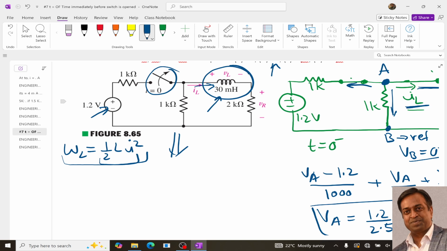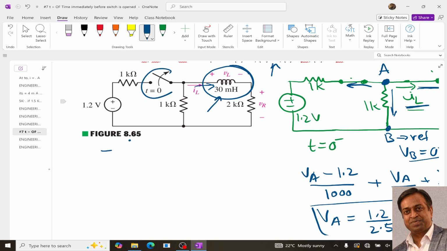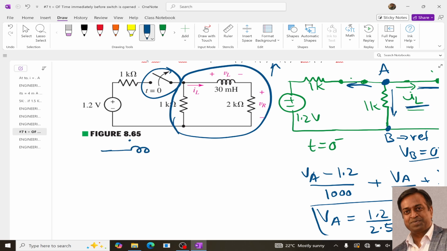It will try to maintain the current, but since this energy is limited and there is no external source, ultimately the current will become zero, because when this energy becomes zero, the current will also become zero. So overall, when this switch is open, we have only this part of the circuit in closed form.